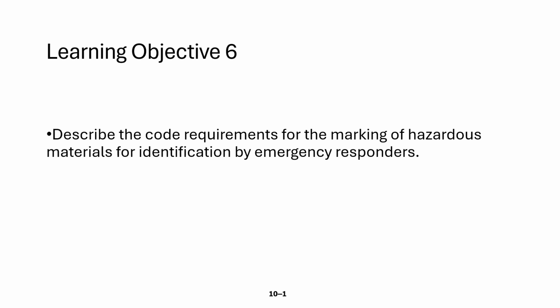All right, we're now looking at Objective 6 of Chapter 10 for hazardous materials, and this is basically describing the code requirements for marking of hazardous materials for identification, as emergency responders but also as inspectors.